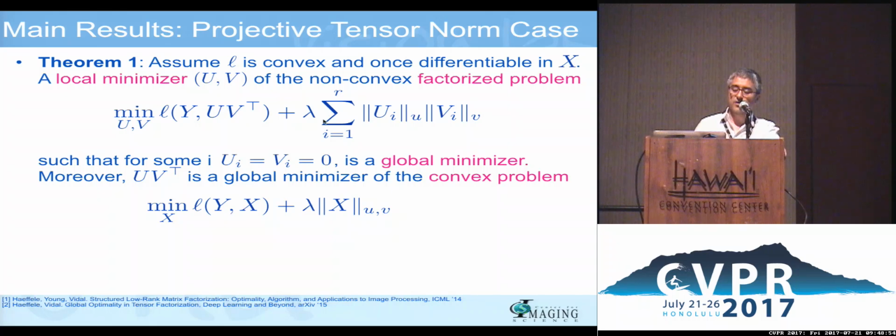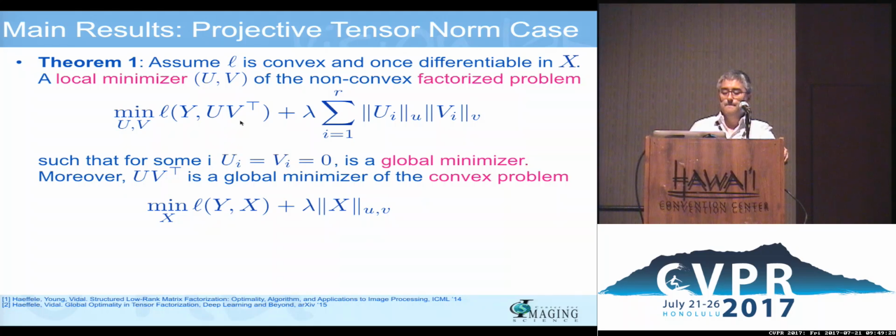So what this says is the following. Suppose that your algorithm found a local minimum, and suppose that local minimum is such that one entire column of U and the corresponding column of V are identically equal to 0. Then that UV that you found is a global minimizer. In other words, in matrix factorization, a local minimum such that one column is 0 is a global minimizer.